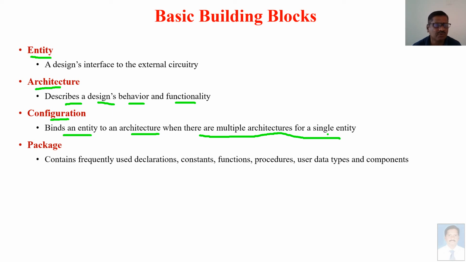Any VHDL program should have only one entity, but it may have multiple architectures, and whenever we have multiple architectures, we can use the configuration. Packages contain frequently used declarations, constants, functions, procedures, user data types and components, and can be called as and when required. These are the basic building blocks of VHDL programming.